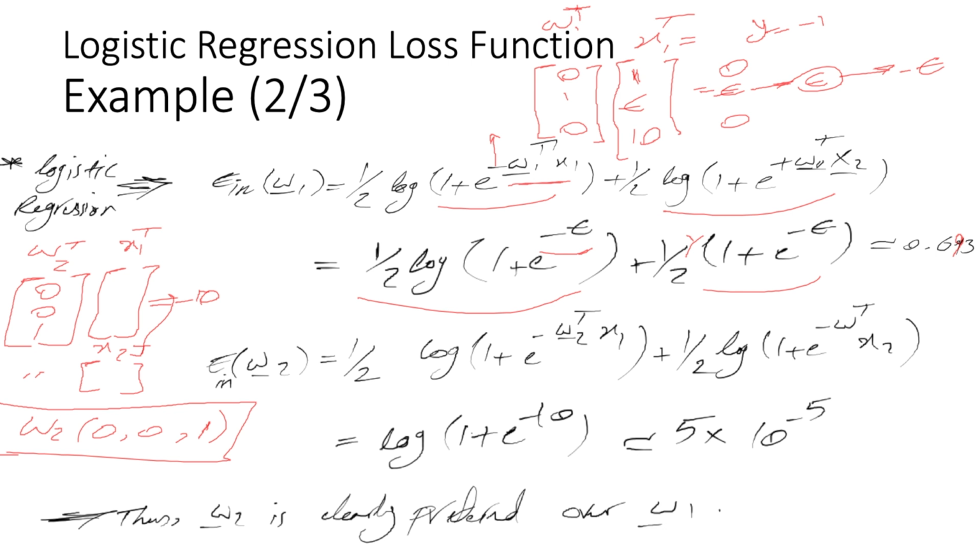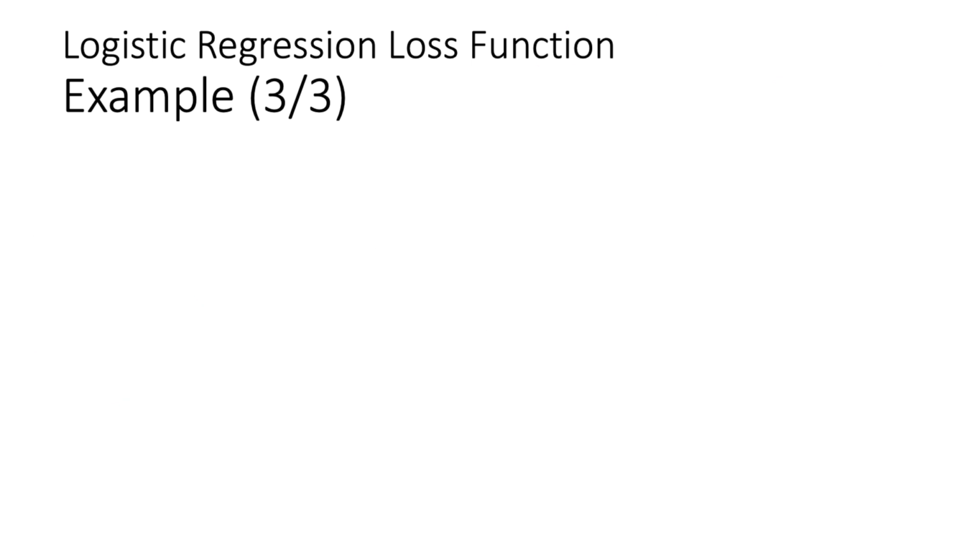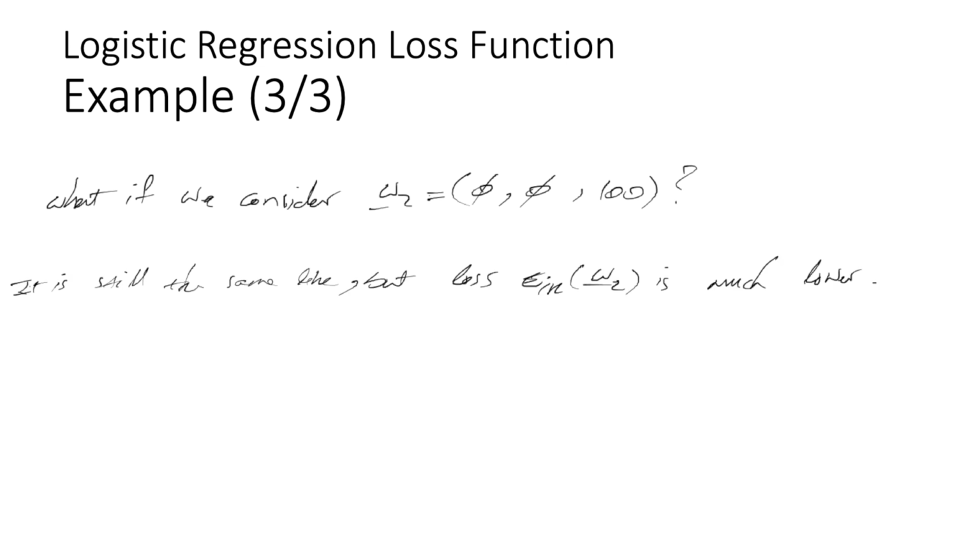All right, now let's see if we had another W. If we were to consider W2 as 0, 0, 100, what would have happened? It would still be the same line in our 2D space, but calculating the in-sample error would show that the loss of in-sample error of the new W2 would be much, much lower.